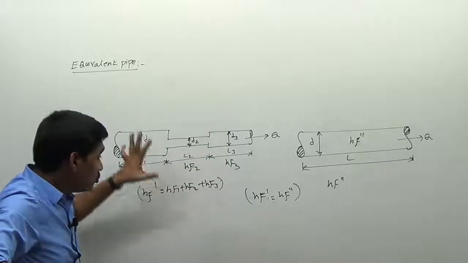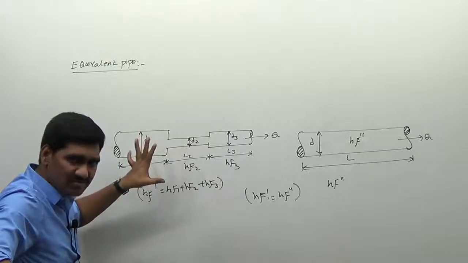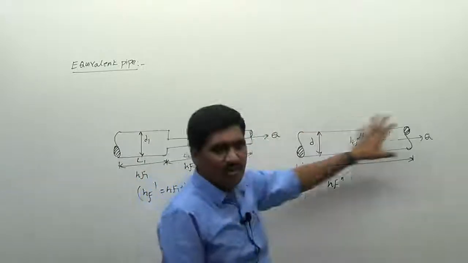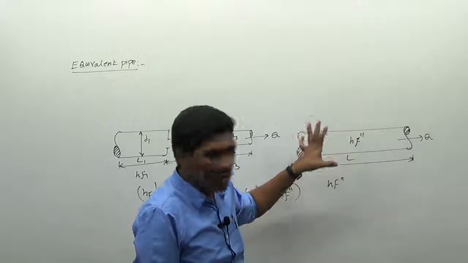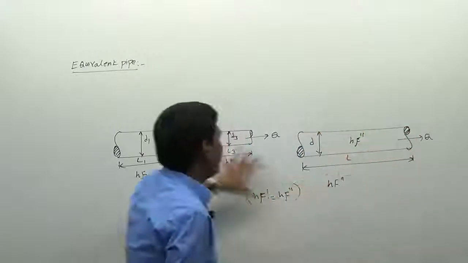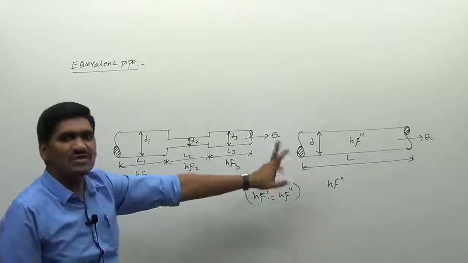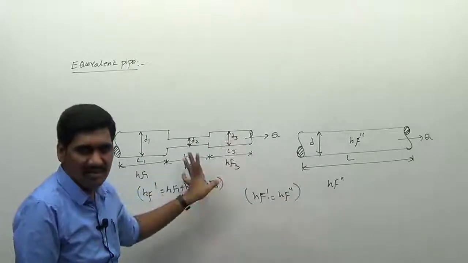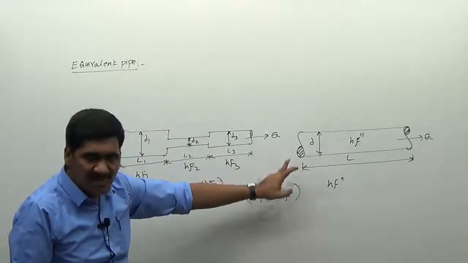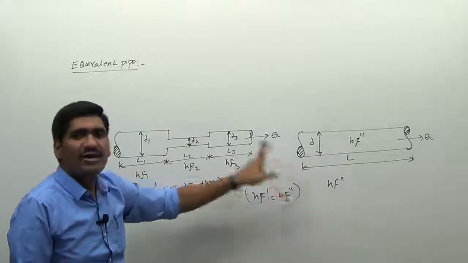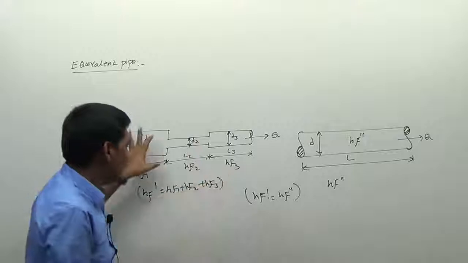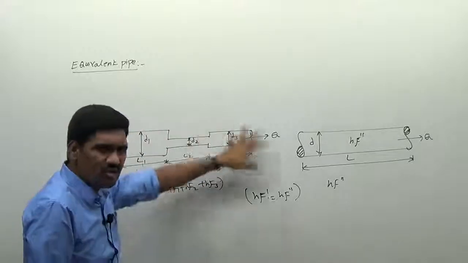To recover this energy loss, we can provide a pipeline of the same diameter. And one more thing is that manufacturing of this pipe is easy compared to manufacturing of the compound pipe, because that one has many sharp corners and all those things.